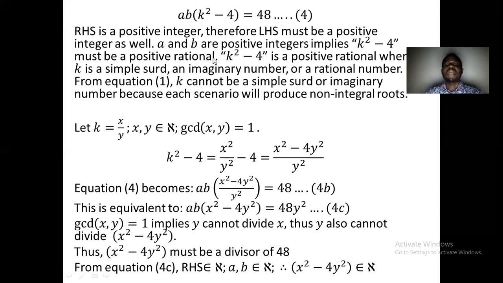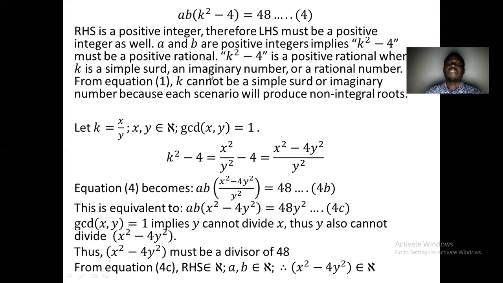Now, k^2 - 4 is a positive rational number when k is a simple surd, an imaginary number, or a rational number. That's not difficult to see. Examples of a simple surd are square root of 2 and square root of 7. Square root of 2 all squared gives 2, minus 4, you have an integer. Square root of 14 also, if you plug it in, you have an integer. So by reason of equation 4, k can be a simple surd.